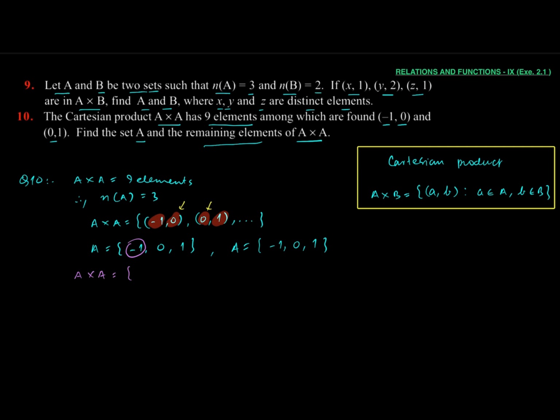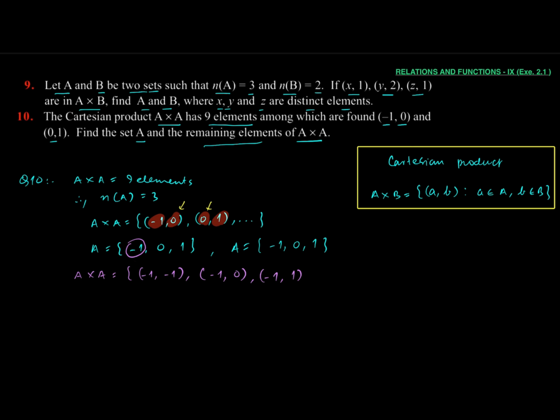So the first element will be (-1, -1), which means this element and this element. The next ordered pair of A cross A will be (-1, 0), and the next element will be (-1, 1).